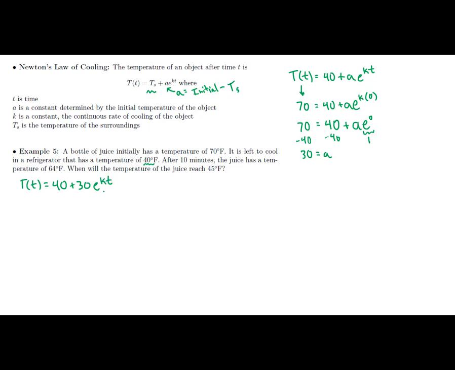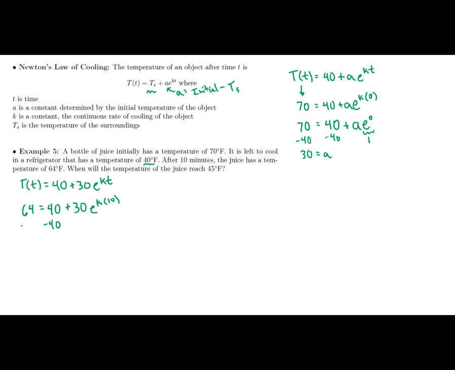So now we need to know k, right? But that's what they gave us this information for. After 10 minutes, the juice has a temperature of 64. So if I plug 64 in for the temperature at the same time that I plug 10 in for t, then I'm going to be able to figure out what the k is, the continuous rate of change in the temperature.